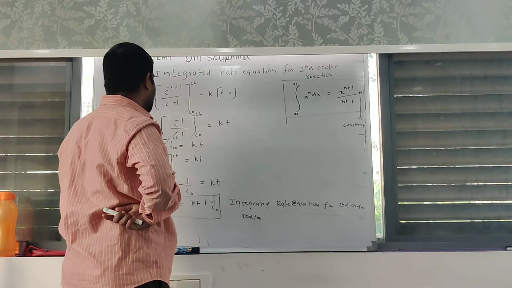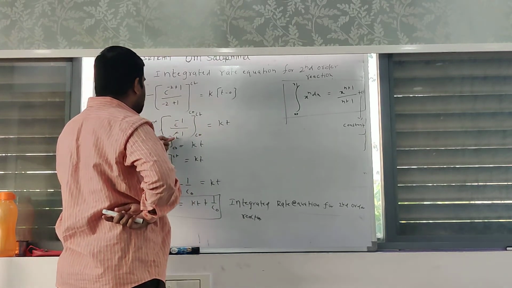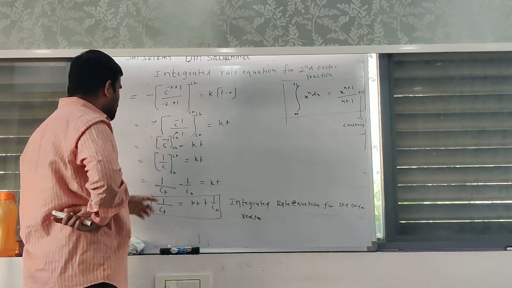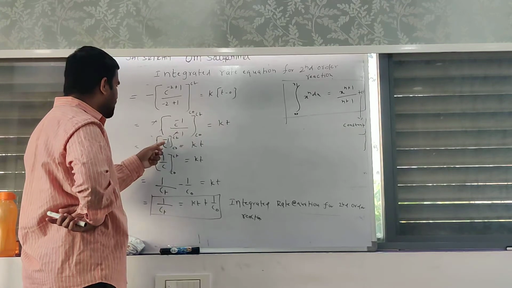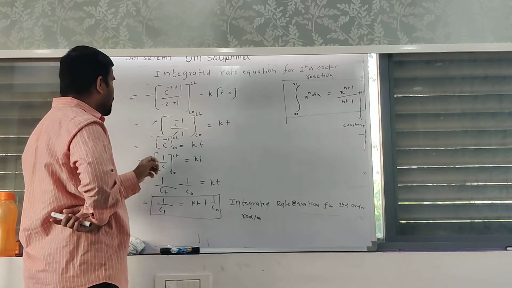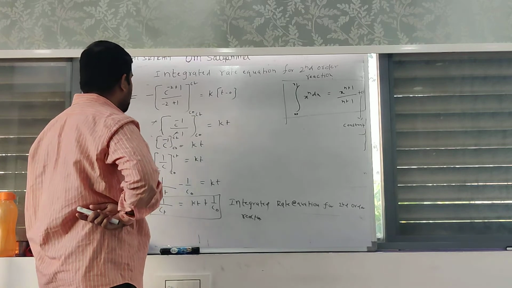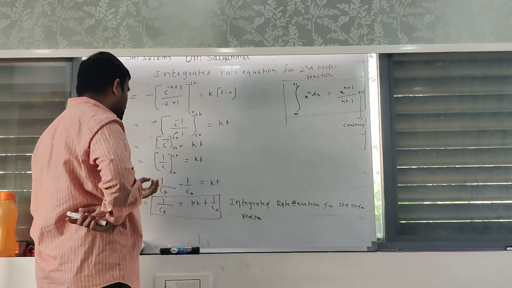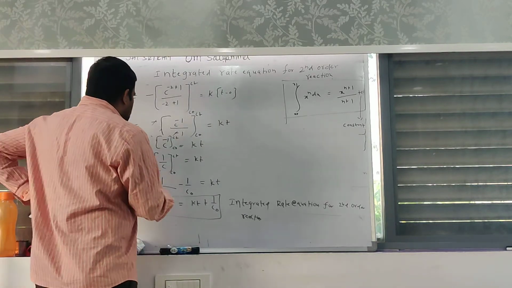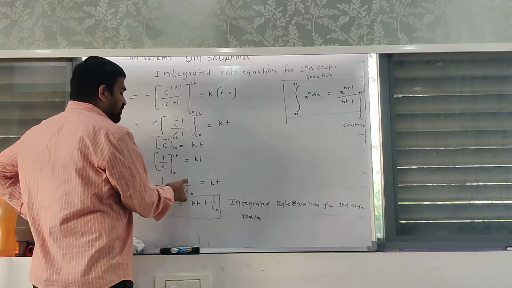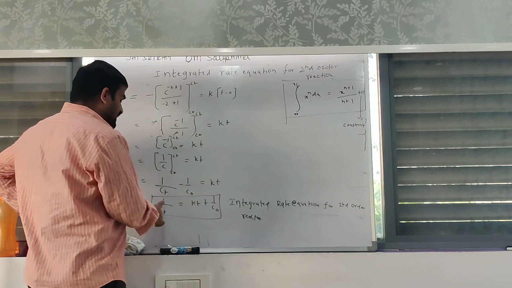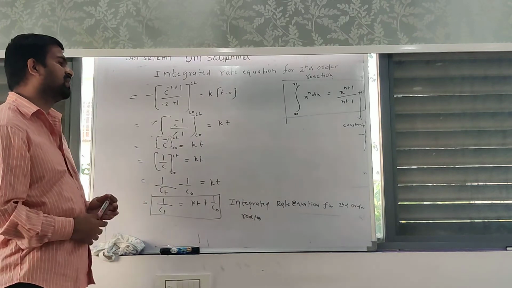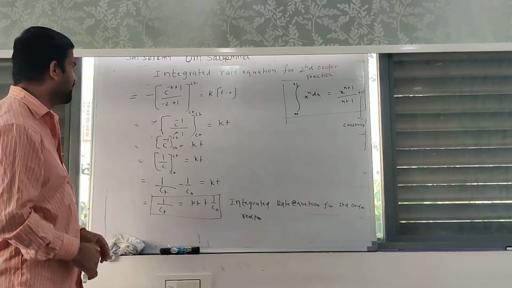Integrating 1 by c from c naught to ct is equal to kt. Apply the limits in square brackets: 1 by ct minus 1 by c naught is equal to kt. So 1 by ct is equal to kt plus 1 by c naught. This is the integrated rate equation for a second order reaction.